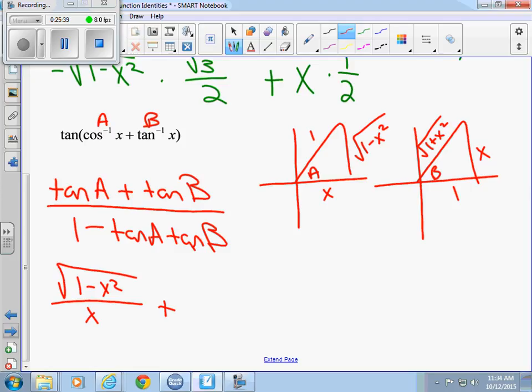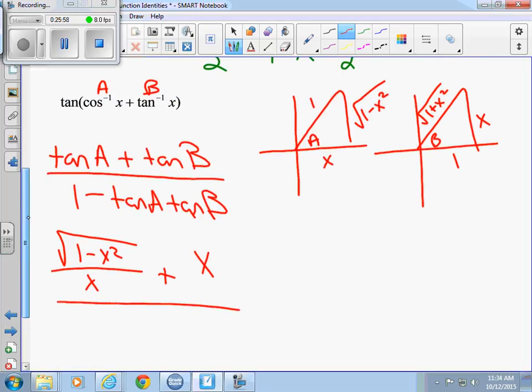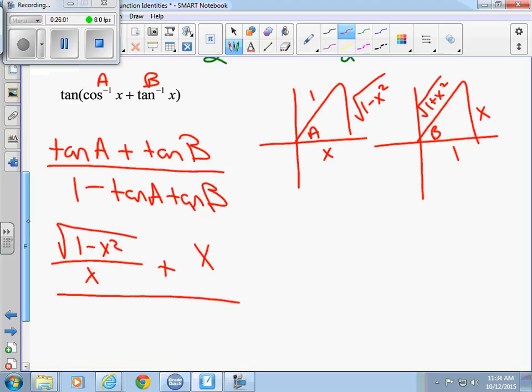Wouldn't that just equal x? Probably, and let's look. Does it in fact equal x? I agree. Absolutely. So could you have done that piece without drawing a triangle? The tangent of tan inverse ends up being just x.